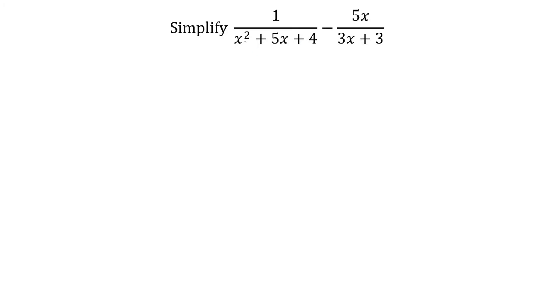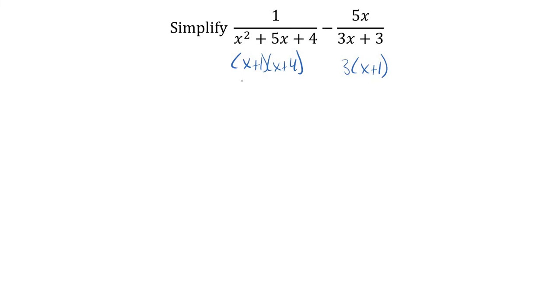Well, let's factor. I like to factor. Let's see what we've got in common first, if anything. So this is x plus 1 times x plus 4. Again, factors of 4, multiply to make 5. And this would just be 3 times x plus 1. So notice, they have an x plus 1 in common. That's nice. So we need an x plus 4, and this one's got a 3 that this doesn't have.